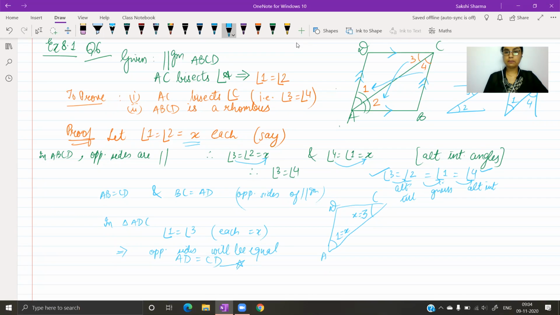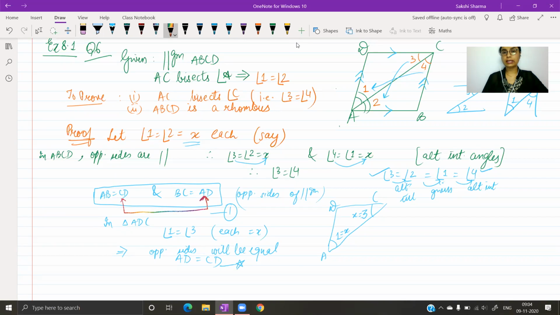Now you can combine this result with this result. Combine the result that you just concluded from this triangle with this one, where we have written that opposite sides are equal. AB is equal to CD, CD is equal to AD, AD is equal to BC. We have proved that this side from the first pair is equal to this side in the second pair.